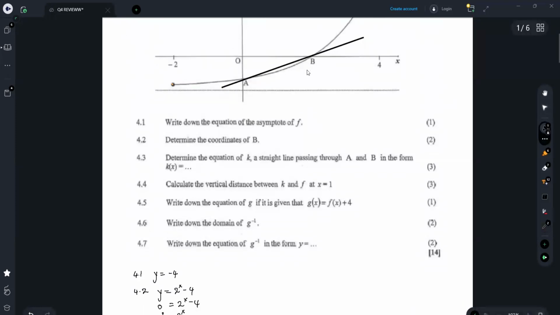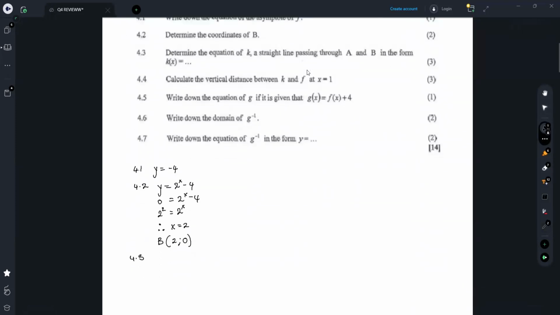Because we know that any straight line function is given by the formula y is equals to mx plus c. So if we solve for the coordinate of A, then we would have found our value of C. Okay, let's do that quickly. So we know that for C, we can say C is equals to 2 to the power of 0 minus 4.